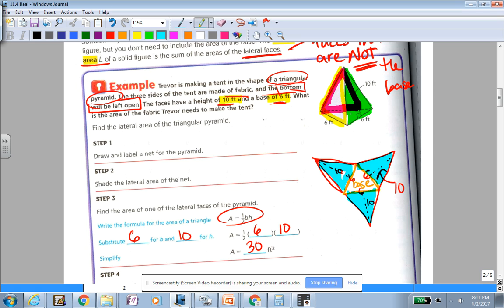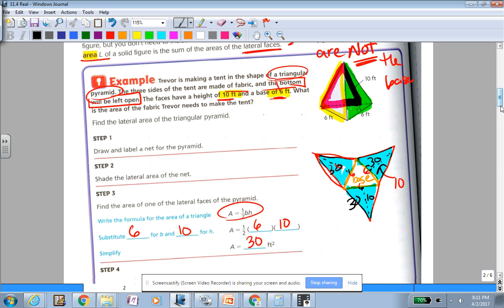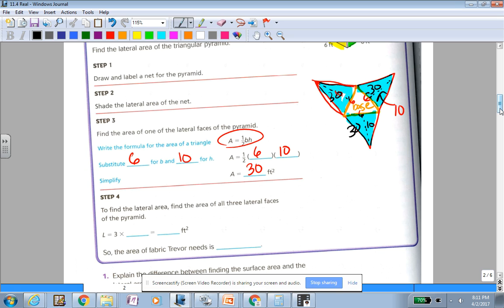And each of those lateral faces happens to have an area of 30. Then all I have to worry about is adding 30 to 30 to 30, which gives me 90. And so the lateral faces are simply 90 feet squared. So Trevor needs 90 feet of fabric.